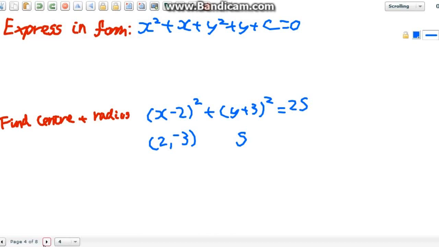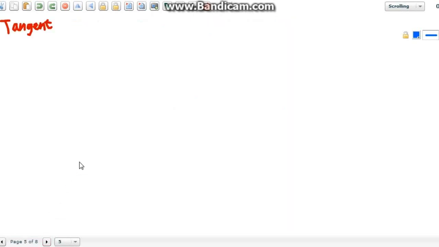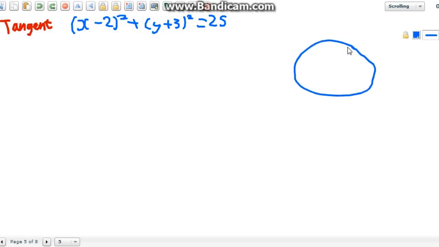And the next 2 possible questions you can get will probably be the part 3 of a circles question. So, the harder versions of circle questions you can get is to work out the tangent of a circle at a point. So if we had the circle x minus 2 squared plus y plus 3 squared equals 25, and we want to know the tangent at, let's draw a circle, at this point here.